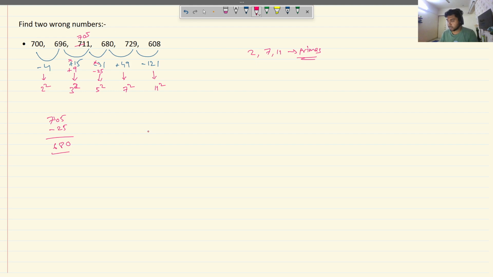So this is a very important question, the important logic being that the consecutive difference is the square of primes, and the primes keep increasing.